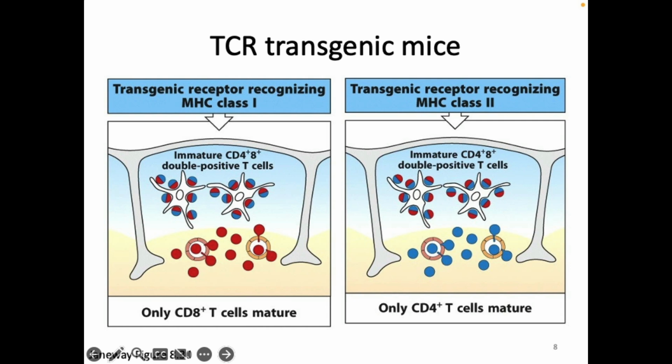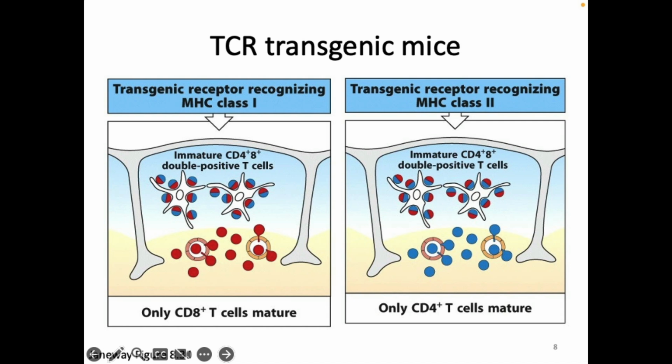If I had done the same thing, but my receptor recognized MHC class 2, because it was a CD4 T cell, I put those genes into a mouse embryo, and all of the T cells that develop from that embryo will have that receptor.